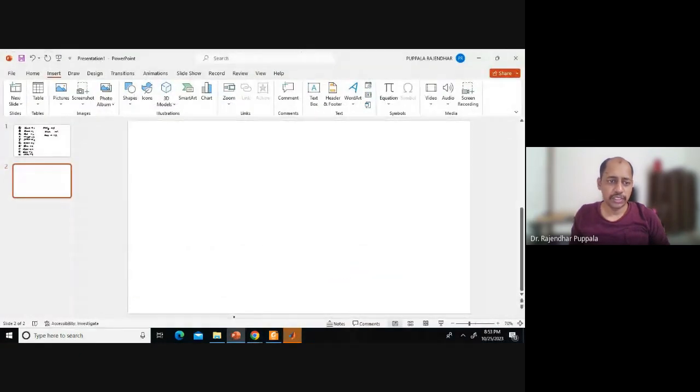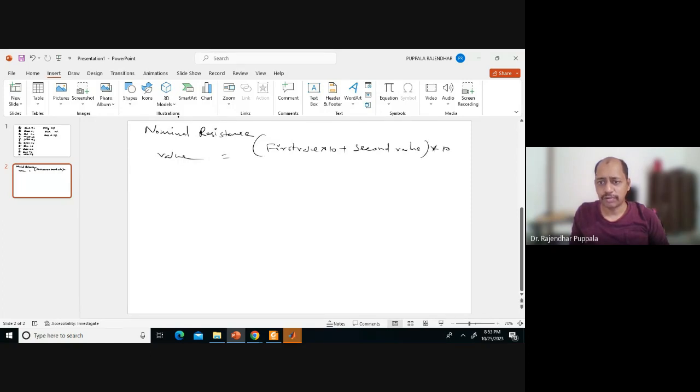I'm writing once again here. Nominal resistance value is equal to first color value into 10 plus second value into 10 to the power of third value. It will give you the nominal resistance value.